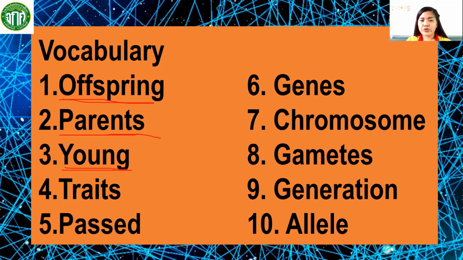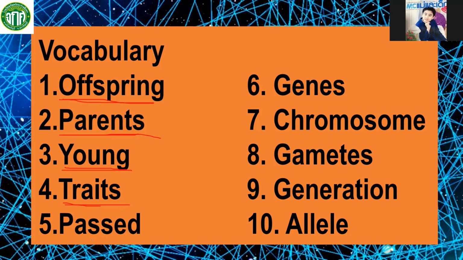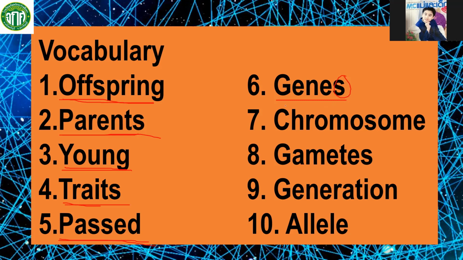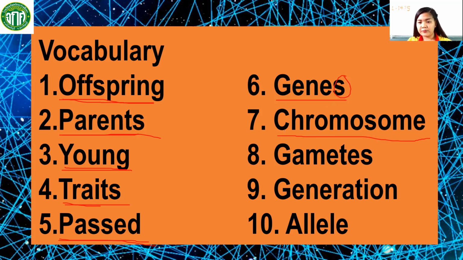Number 4, traits. Number 5, past. Number 6, genes, with letter S. Number 7, chromosome.